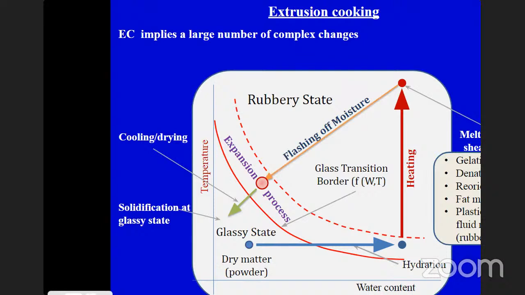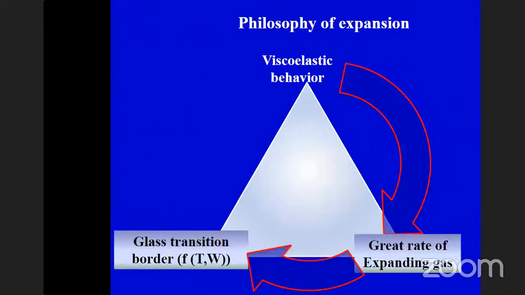So the philosophy of expansion is to have a melt with viscoelastic behavior to get a great rate of expanded gas within the material, and after that cross the glass transition border to get the glassy state, reflecting the typical crispness and crunchiness of expanded products.